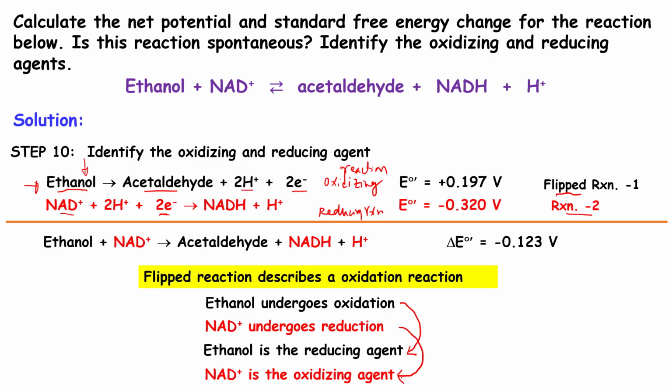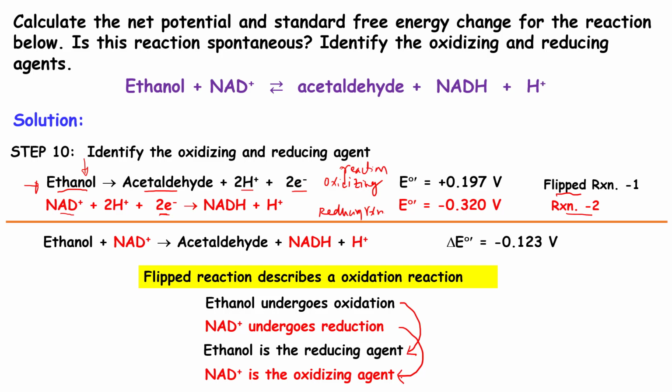Because it's actually helping the opposite reaction, that's the reason why we say ethanol, even though it undergoes oxidation, which means it loses electrons, keeps giving electrons, which is helpful for the reduction reaction, because the reduction reaction needs electrons. So the compound that is undergoing oxidation is the reducing agent. The compound that's undergoing reduction is the oxidizing agent.